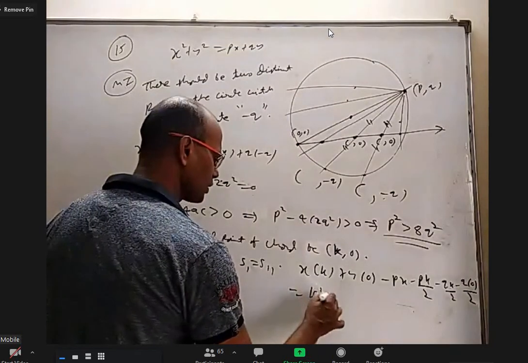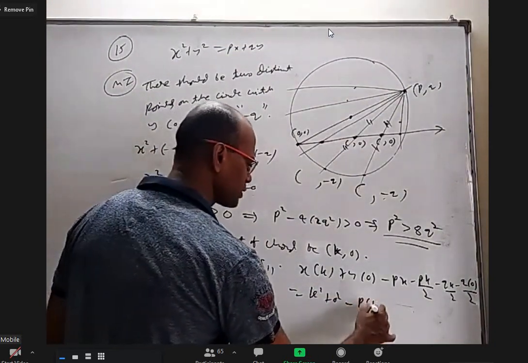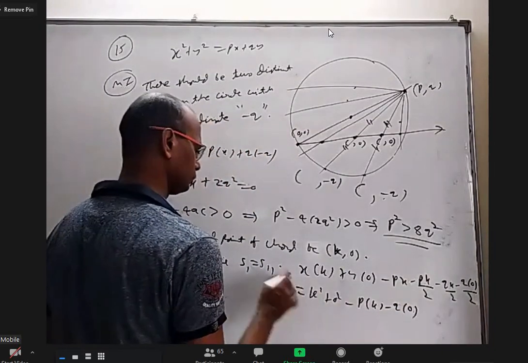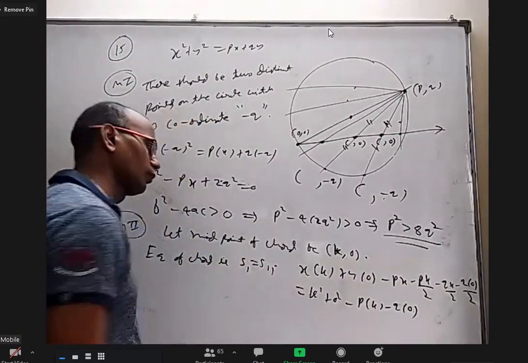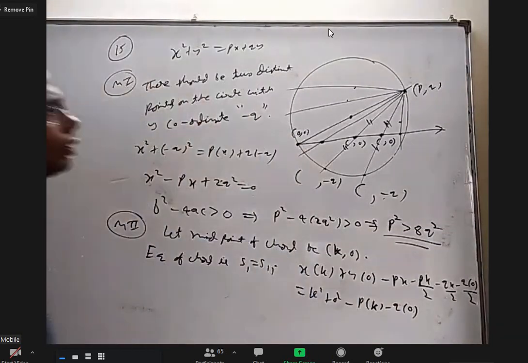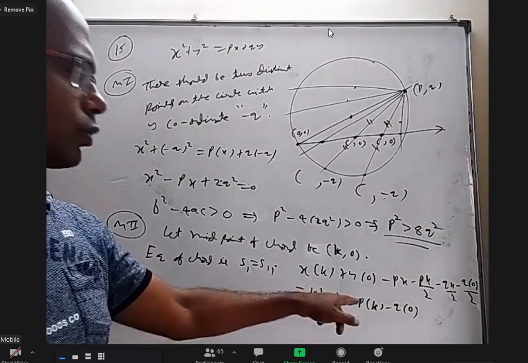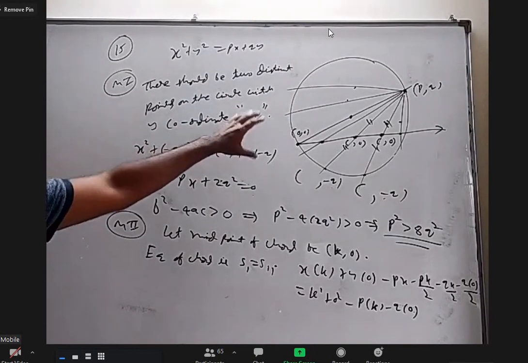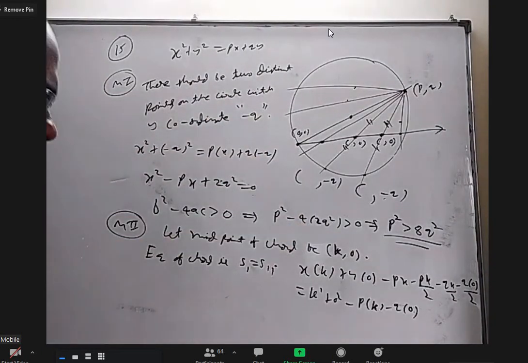Plus 1 means k square plus 0 square minus k into k minus q into 0. Okay. And this chord should pass through (p, q). I'll write and explain in the meantime. Please try to understand this, copy this. If any doubt, I'll explain once again.